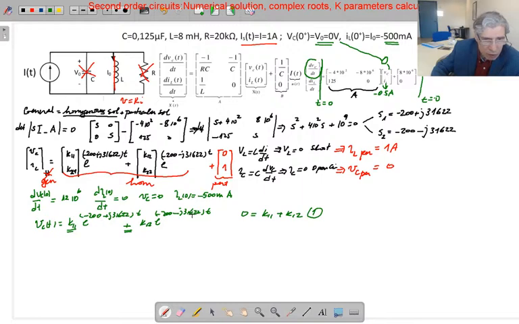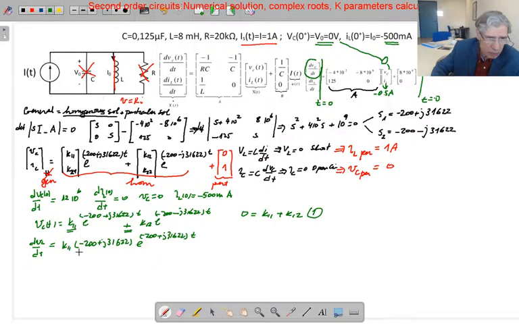And then the second equation, how are we going to find it? Find the derivative of this function. So the derivative of this function, dVc over dt, is equal to K11 times (minus 200 plus j31622) e to the power (minus 200 plus j31622)t.